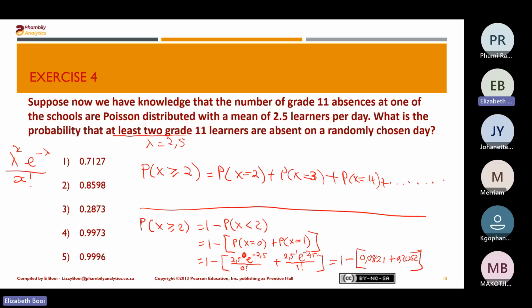Subtract that from 1. Since I don't have enough space, I'm going to write it like this: 1 minus 0.2873, and the answer I get is 0.7127, which is option 1.